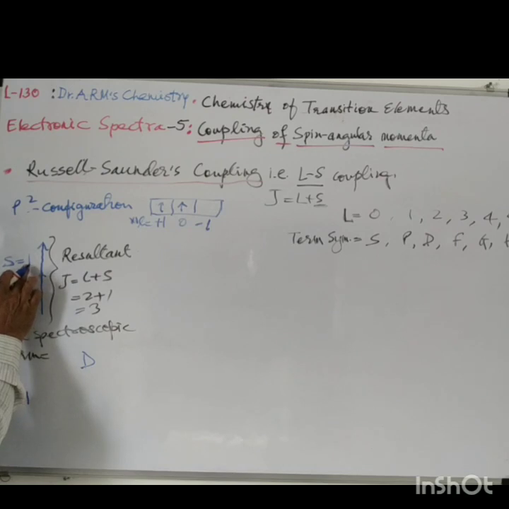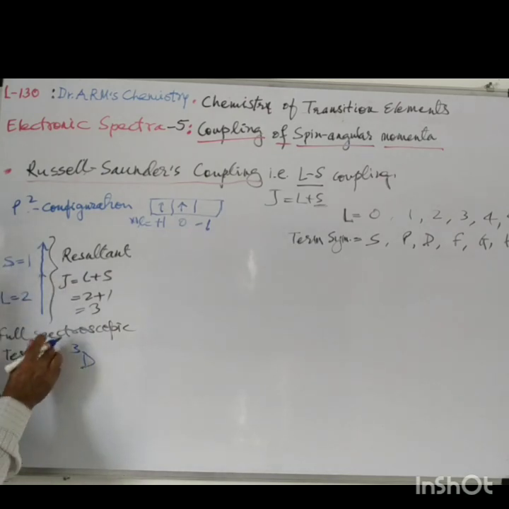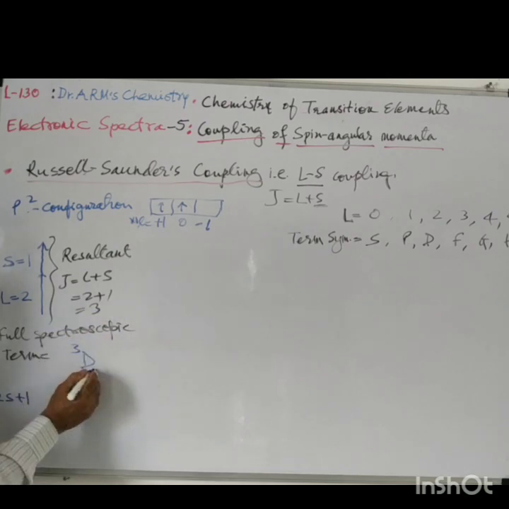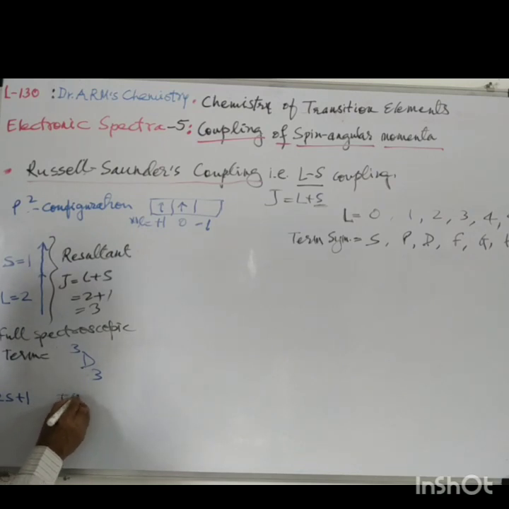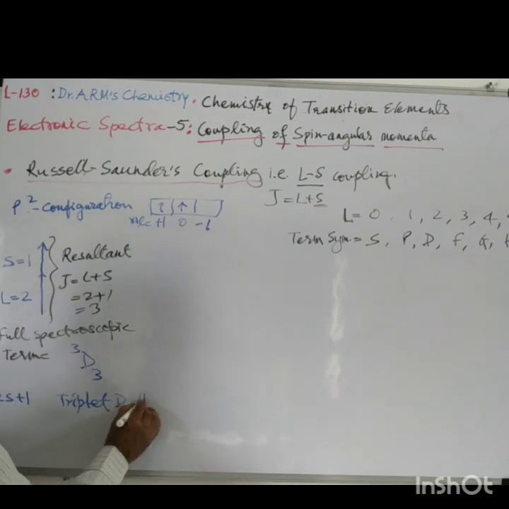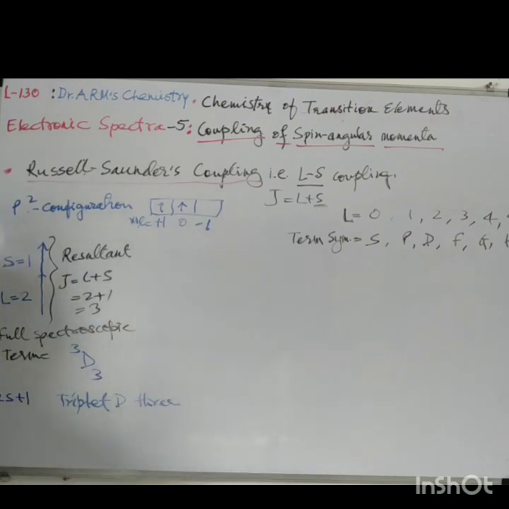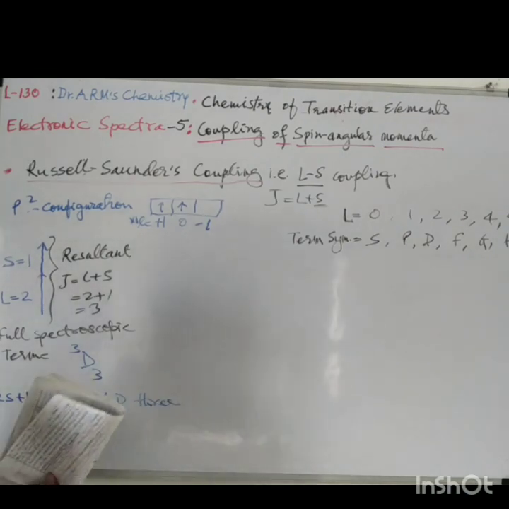So here S is 1, so 2 into 1 plus 1, that is 3, and here J is represented, that is also 3. So it is read as triplet D3.